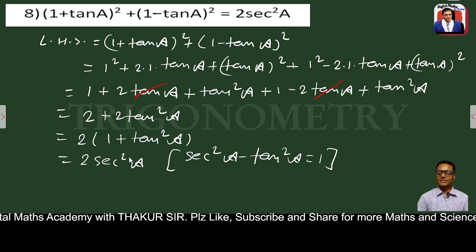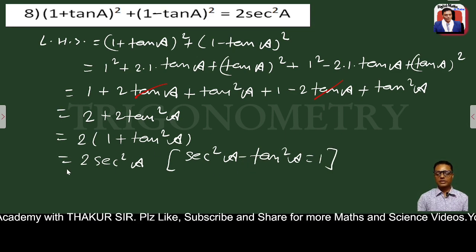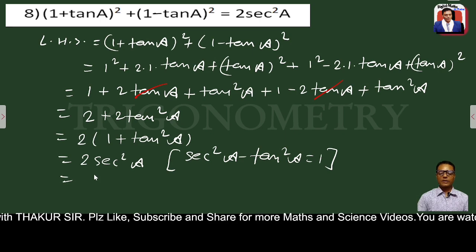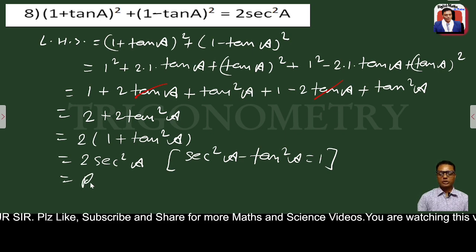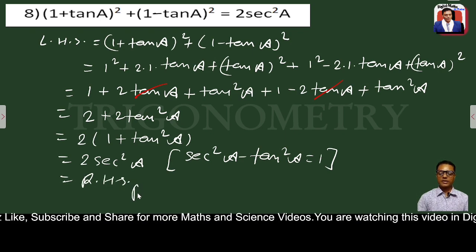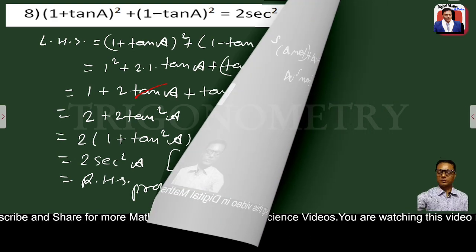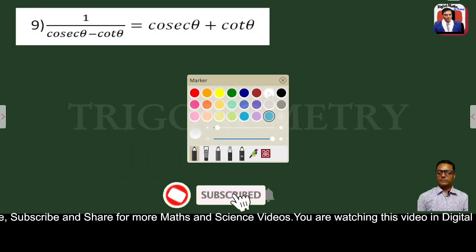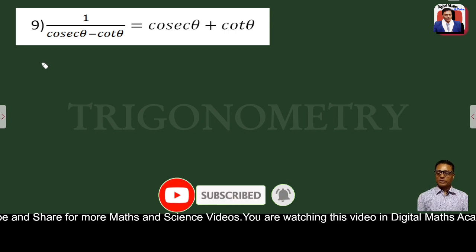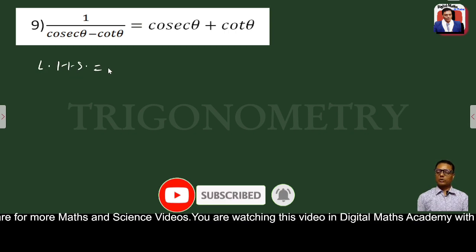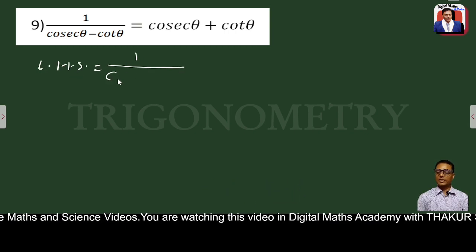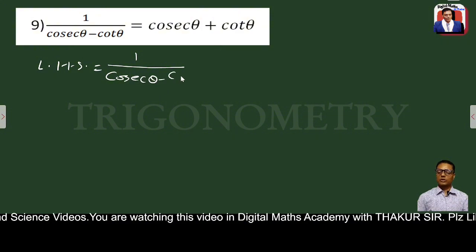So from this relation 1 + tan² a is equal to sec² a, and 2 sec² a is our right hand side, so we can write equals right hand side, and then finally proved.